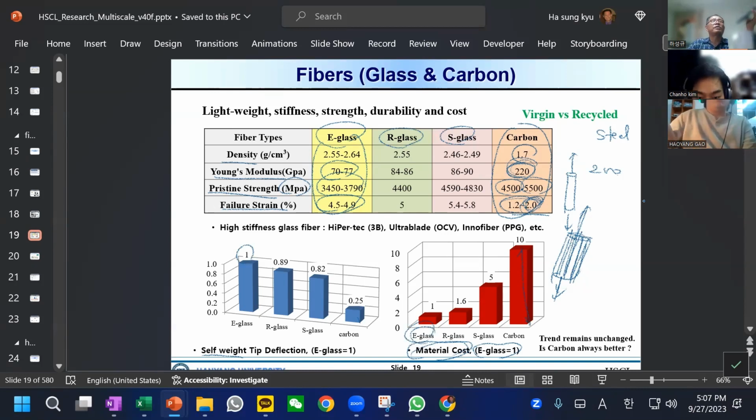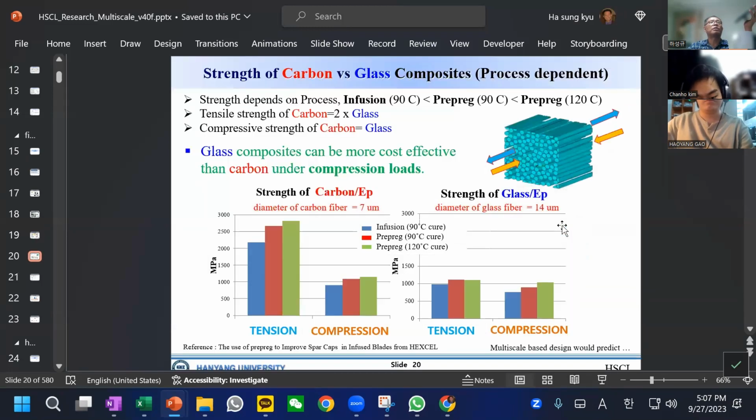And then recently, the recycling of carbon fiber has become very important. So whether it is a virgin carbon fiber or how much recycled carbon fiber, the material property may change. So that is also a very important issue.